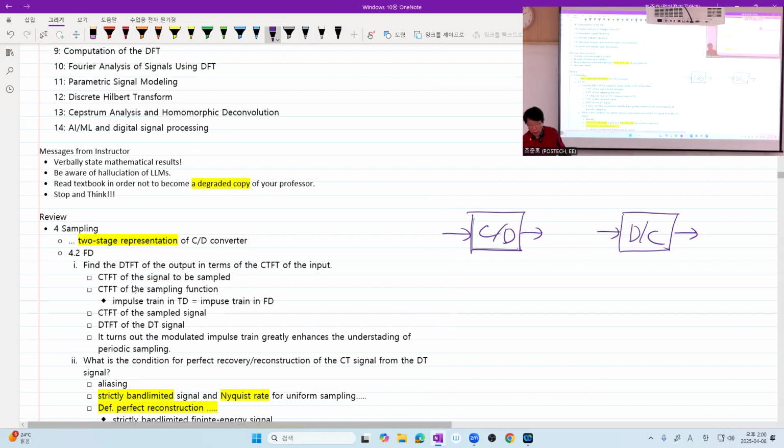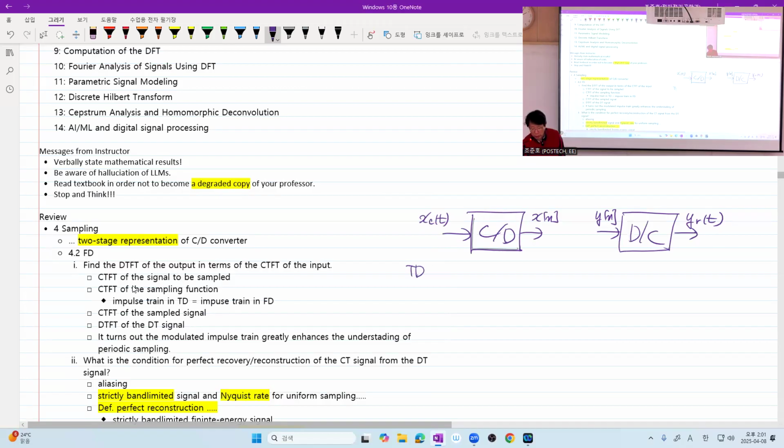So we have continuous time signal in, discrete time signal out, and discrete time signal in, and continuous time signal out. And there could be many, many such transformations or systems, but here in this chapter, we consider uniform sampling.